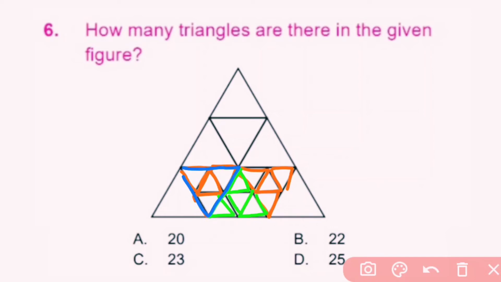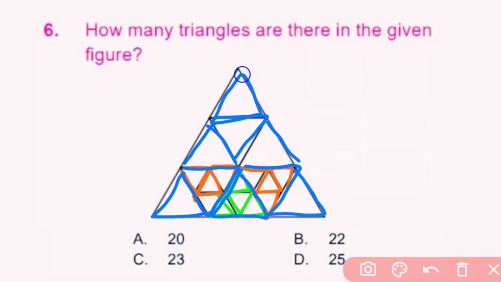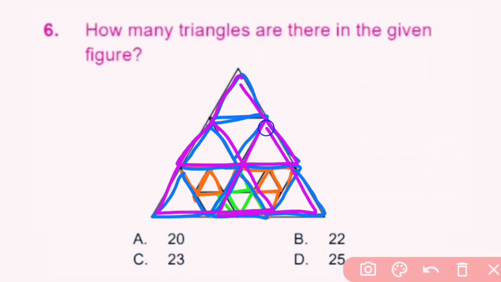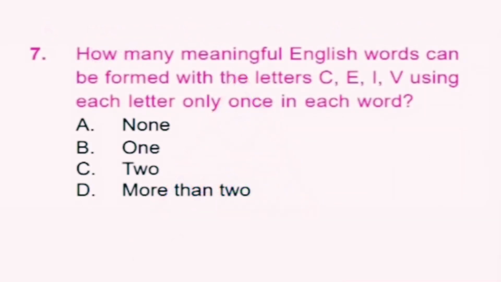This 13, 14, 15, 16, 17, 18, 19, 20 and 21. This 22, 23, 24. This outer big one is 25th one. So there are total 25 triangle. D is correct answer.